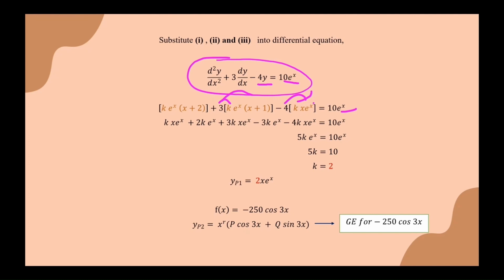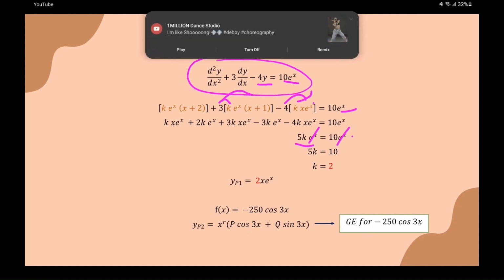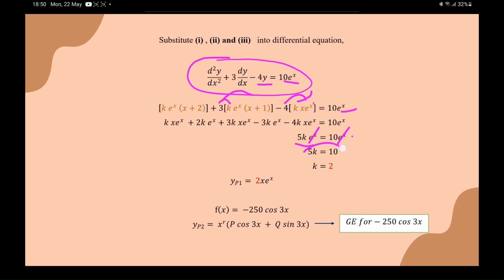Once you expand and simplify, you will get 5k e^x equals 10 e^x. When you simplify this equation, you can remove the e^x, so we are left with 5k equals 10. If you only want the k, you need to bring the 5 over, so 10 divided by 5 gives k equals 2.